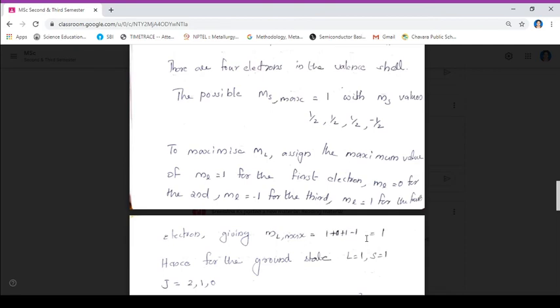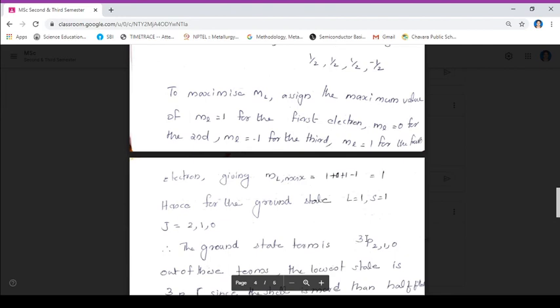So now for the ground state, L equal to 1, S equal to 1. Now L equal to 1, S equal to 1 will give you 1 plus 1 equals 2, then 1 minus 1 equals 0, so 2, 1, 0 will be the values of J. So the term symbol for the electrons is 3P2, 3P1, 3P0.